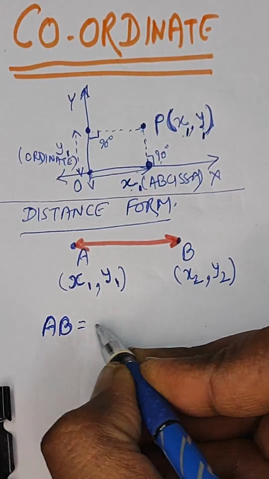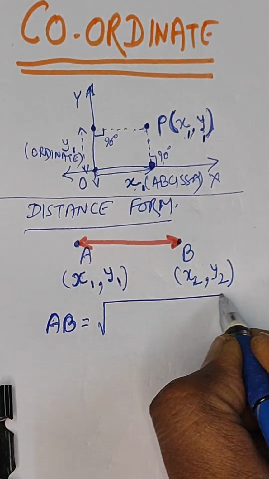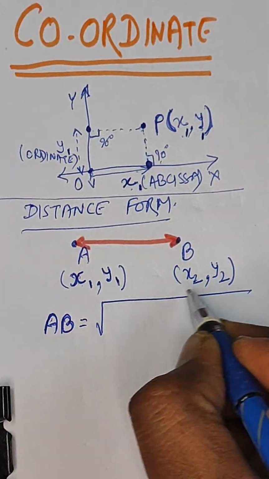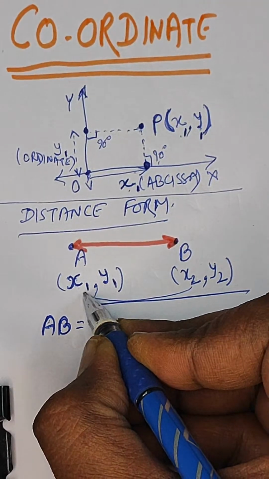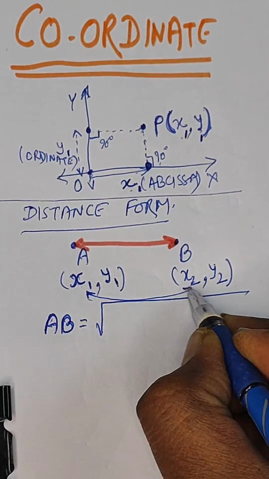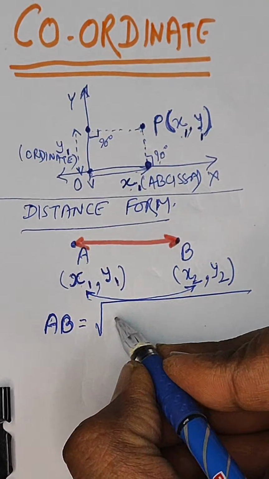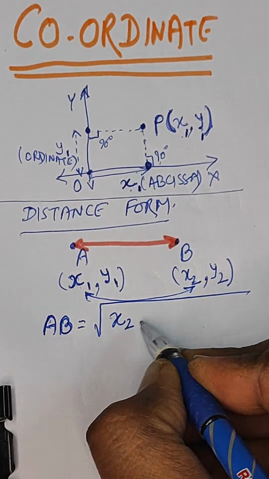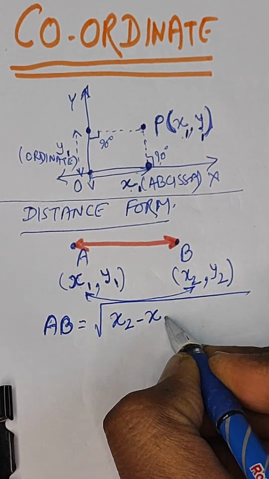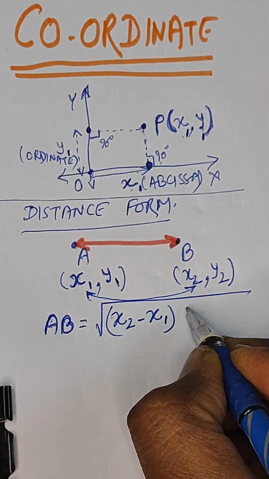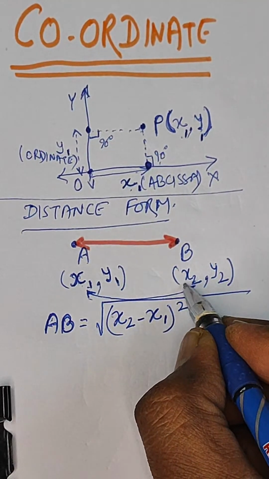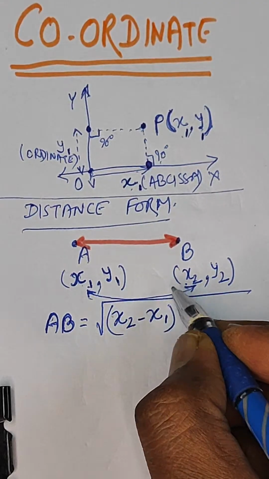AB is equal to the square root of the difference between the abscissas, that means x2 and x1. This is your abscissa. So it will be x2 minus x1 whole square, or you can even write x1 minus x2 whole square, because minus can be taken as common.